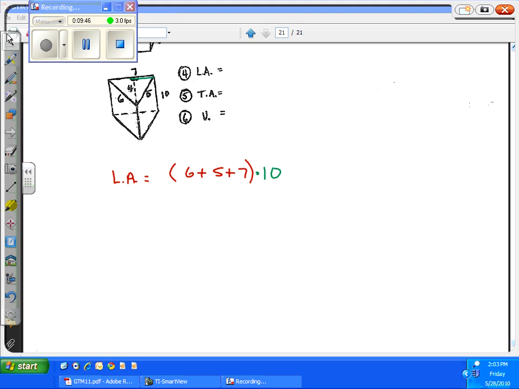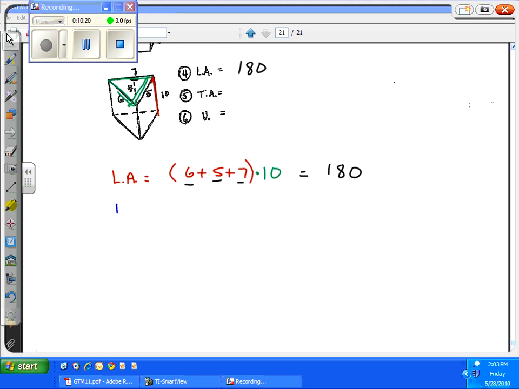If you fold that out, you'd have a rectangle whose base is the perimeter and whose height is the height of the prism. I did all my color coding backwards. But anyway, 6 plus 5 is 11, plus 7 is 18, times 10 is 180. So the lateral area is 180.